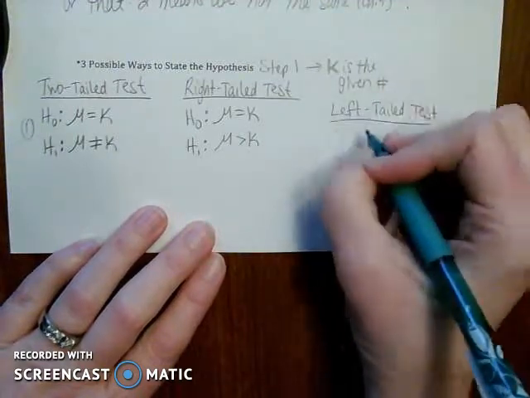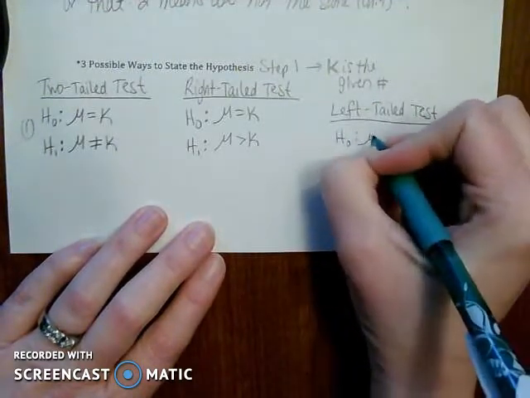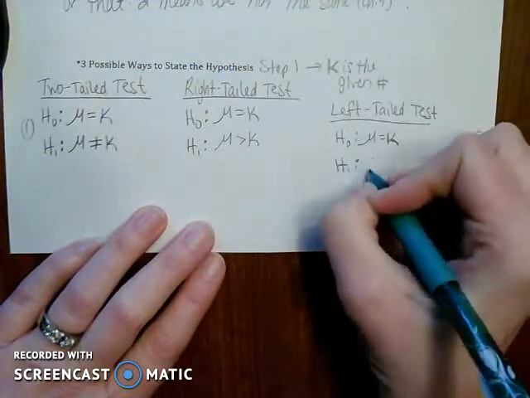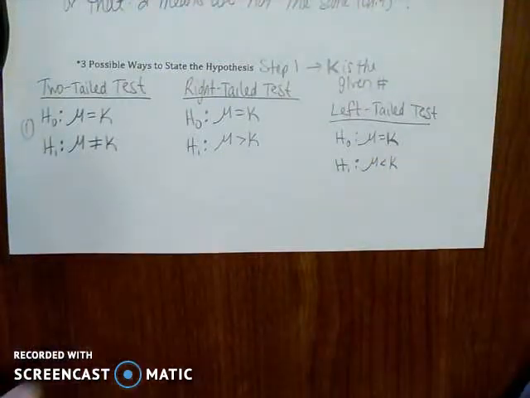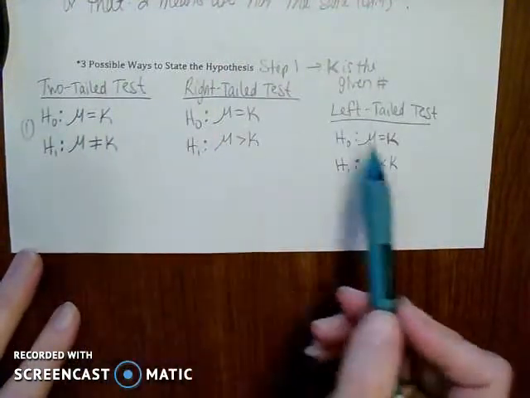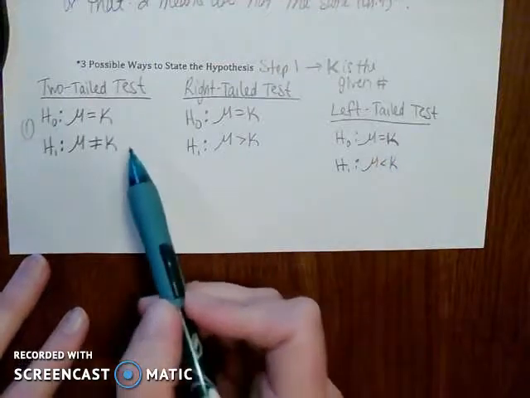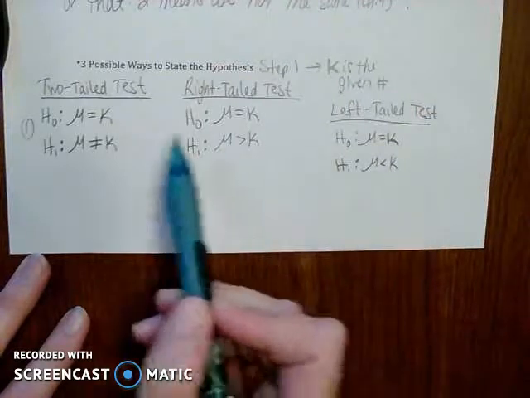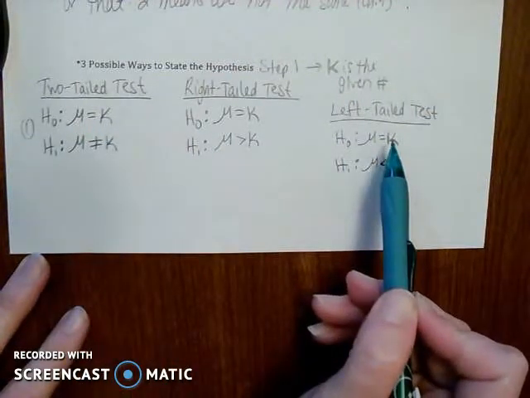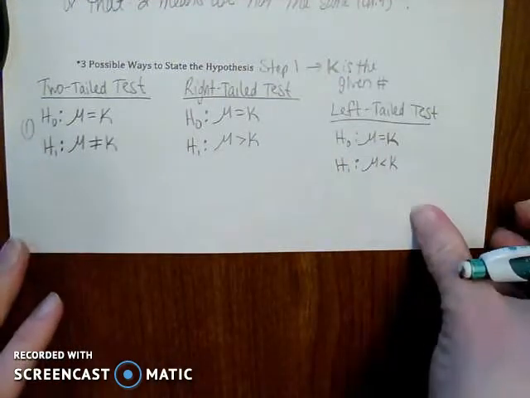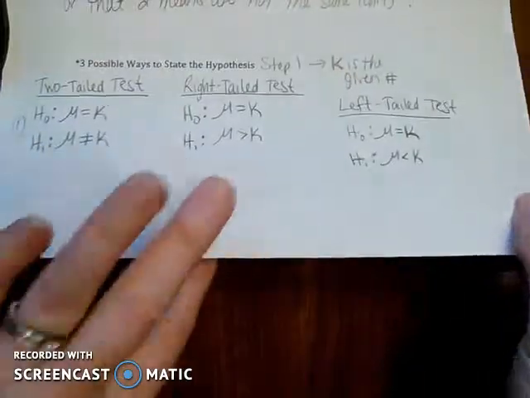Hopefully you can figure out what that's going to look like. H sub 0 is still that mu is equal to k, whatever our given number is. Since we want it to the left, that means we mean less than k. So step 1 is going to look like one of these three options. The only difference is you're going to have a number in there for k, and notice it has to be the same number. The H sub 0 will be mu equals that number, and H sub 1 will be either greater than, less than, or not equal to, based on what it's asking us. And that's what we're going to practice first.